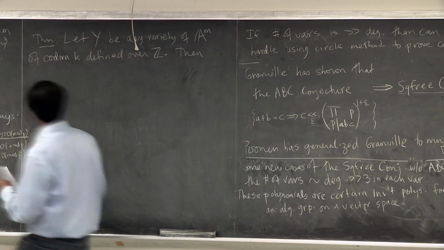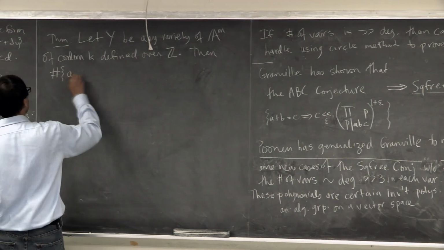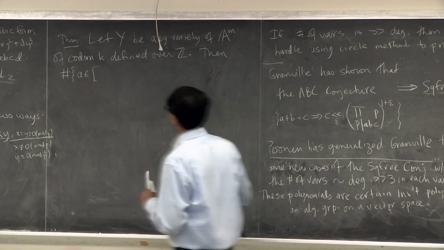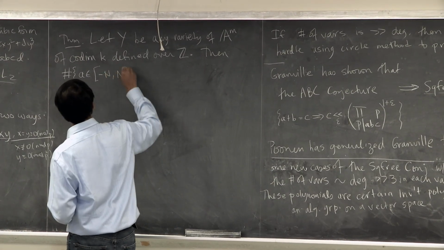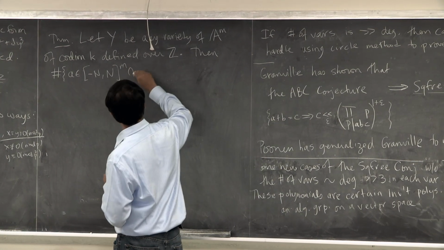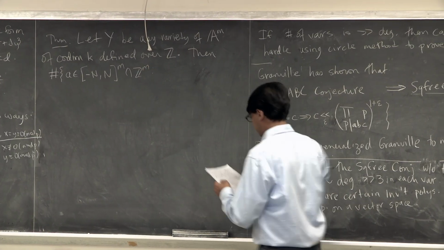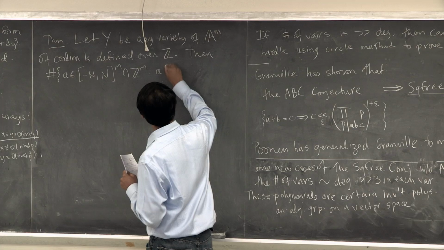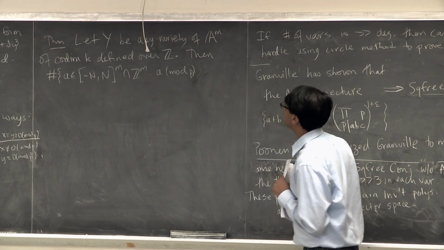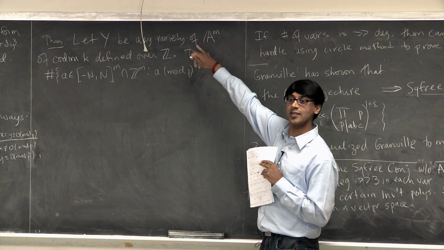So here's the theorem: if you count the number of elements in a big box, [-N, N]^m, lattice points, such that A mod p lands on the variety over F_p, on the reduction of Y mod p.